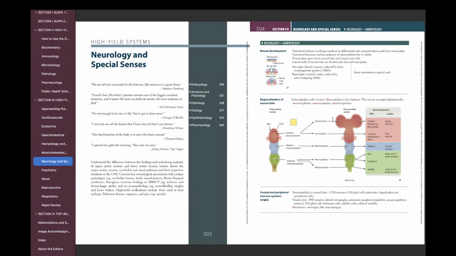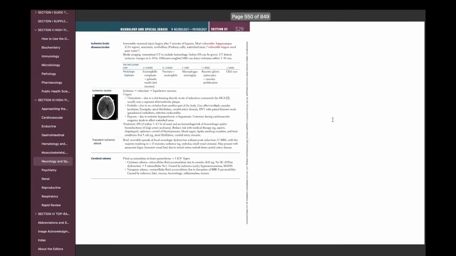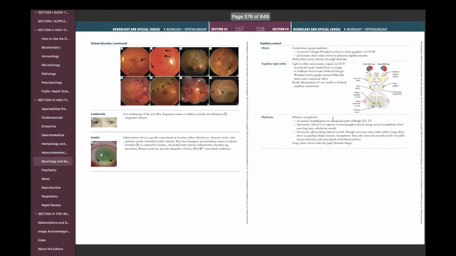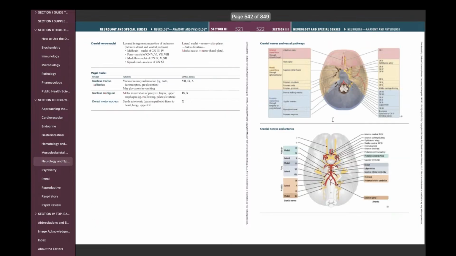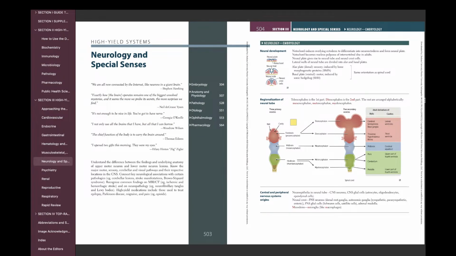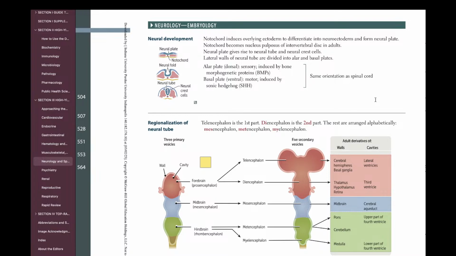Oh. What? Hold on. Is it really that much? I guess it is. It's a lot of pages. Huh. Maybe just as I go through it, the ones I don't need, I won't pay attention to.